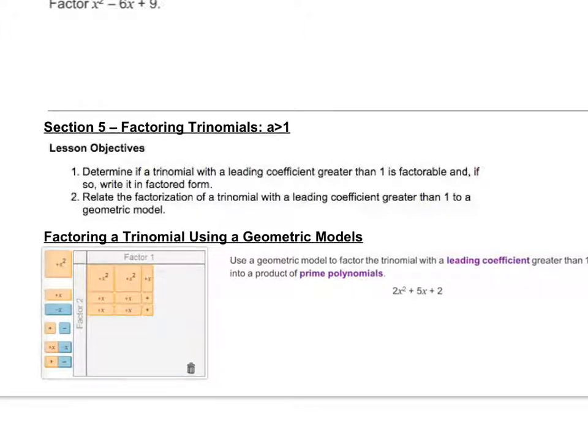Then you go straight for it: how many x's would go here? You'd put 2 here, and then you'd put an x here as well to get x squared, since x times x gives you x squared. X times what would give you another just x? That would put a single digit right there.